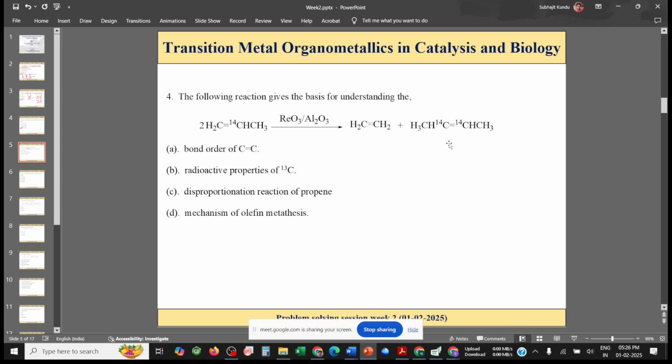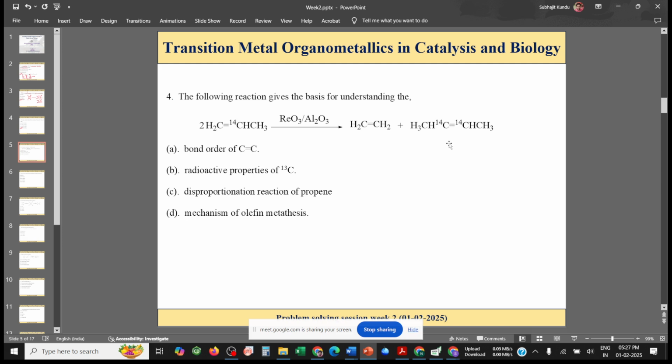No, this is not a disproportionation reaction, because the oxidation state of the carbon atom remains the same on both sides. For disproportionation and comproportionation reactions, the oxidation state of the species must change. This is not a disproportionation reaction at all. And the last is the mechanism of olefin metathesis.